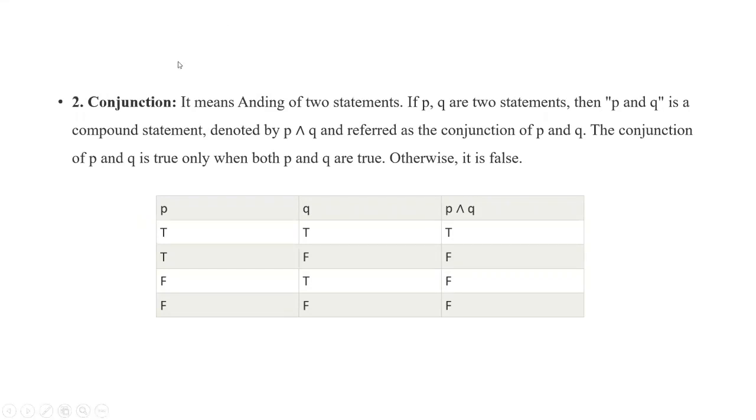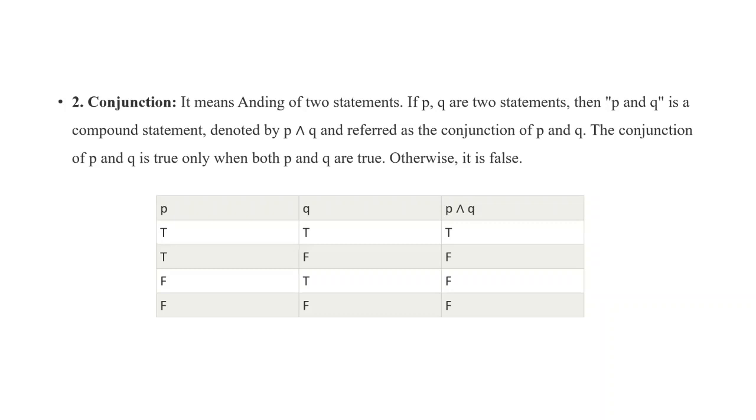Next, conjunction. It means adding two statements. The conjunction here is AND. If P and Q are two statements, then P and Q is a compound statement denoted by the symbol P and Q, and referred to as the conjunction of P and Q. The conjunction of P and Q is true only when both P and Q are true.